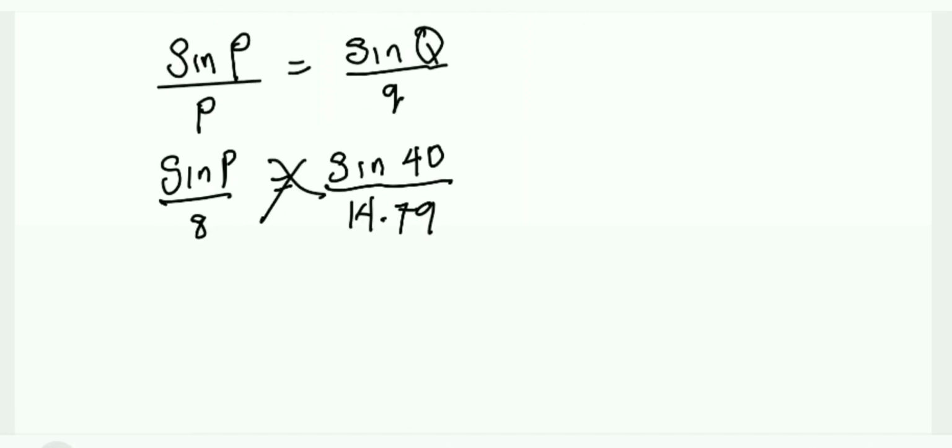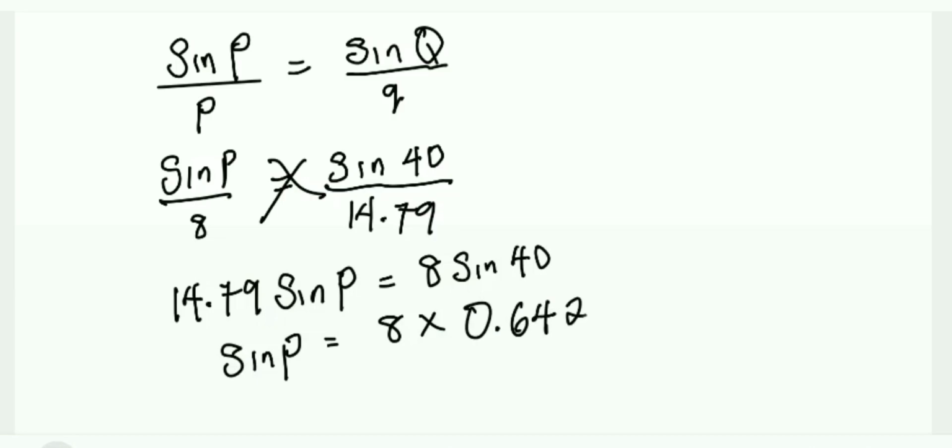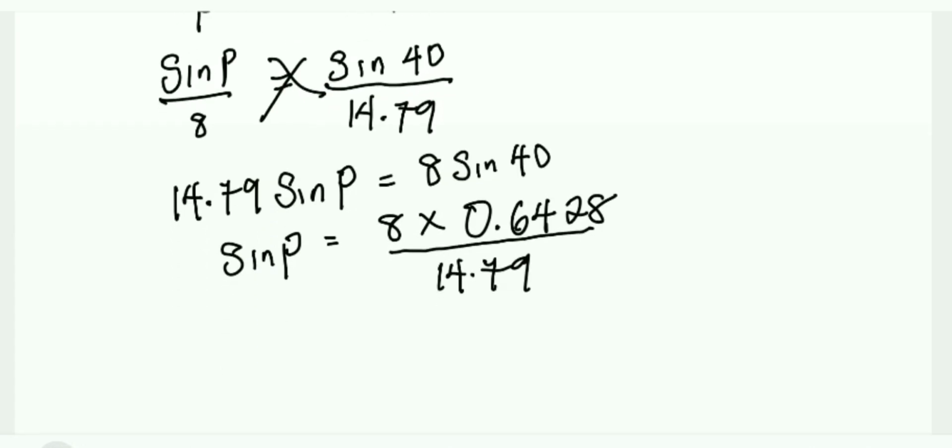So cross multiply this. You have 14.79 sine P equals 8 sine 40. And so sine P equals 8 times sine 40. Sine 40 would give you 0.6428. All of these divided by 14.79.